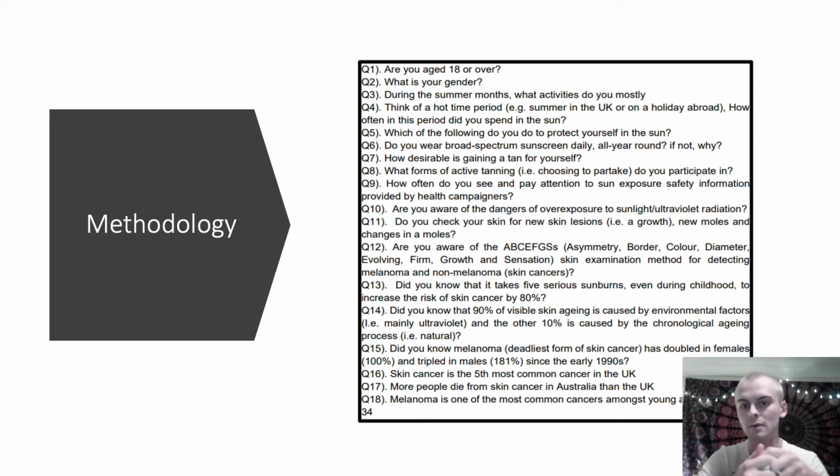If you answered no, you would have been sent out. And this was just to keep my ethical standing correct. And the rest of the questions were really related to what I was wanting to find out of people. And from that, my questions were mixed between yes and no answers, numerical and expansion questions.